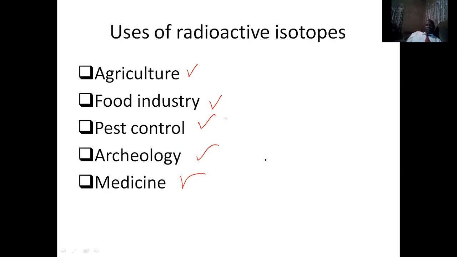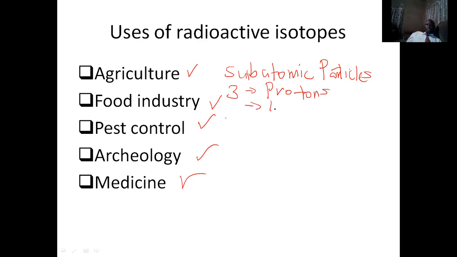And so today, I thought maybe we look at, one, the subatomic particles, which we said there are three. We have the protons, we have the electrons, and then we have the neutrons.